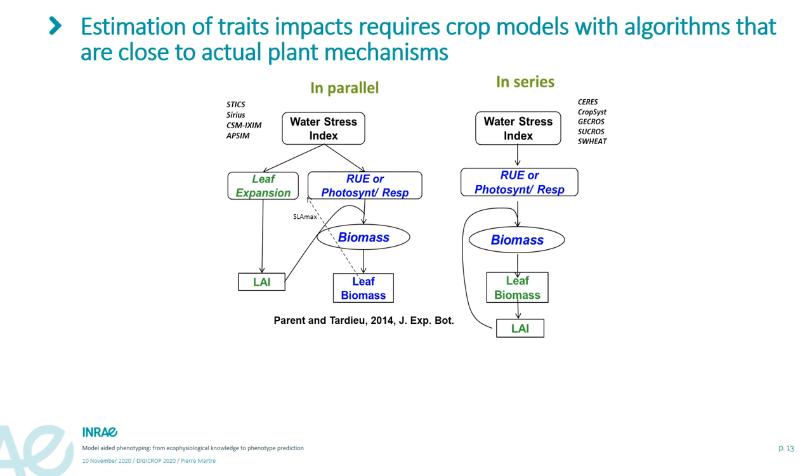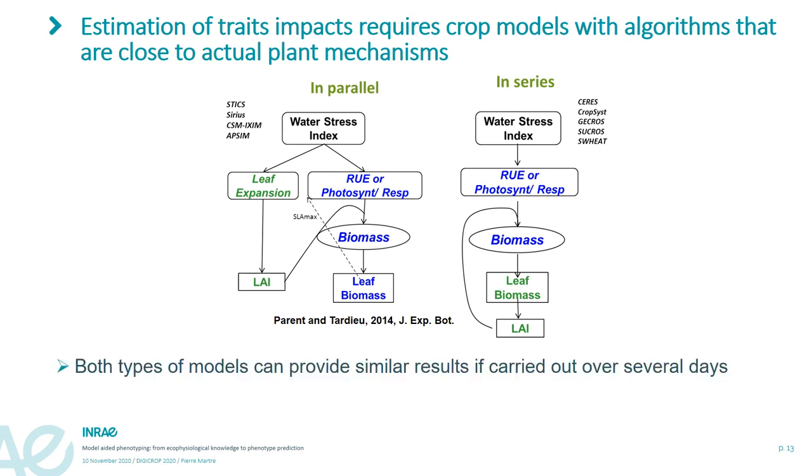I am illustrating this using the classification of models for water stress response proposed by Parent and Tardieu, who classify models according to the way they respond to water stress: either in parallel, where water stress has an effect on leaf expansion and radiation use efficiency, or in series, where water stress has an effect on radiation use efficiency or photosynthesis, which then affects the biomass production and in turn reduces the leaf area index calculated using a fixed specific leaf mass.